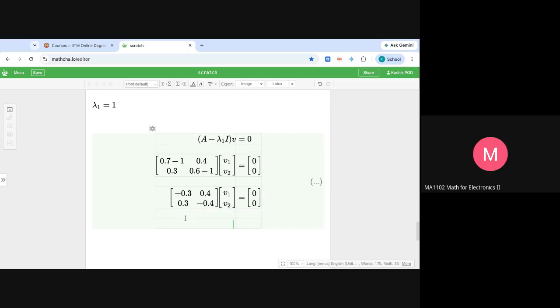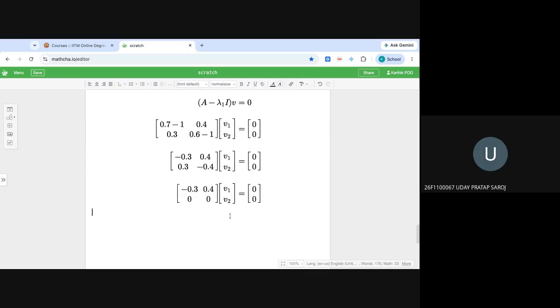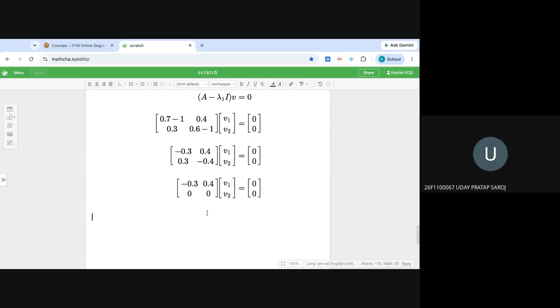What we'll end up getting is, if we set this to zero, a redundant row with v1, v2. So we'll have a span of some vector as the eigenvector.